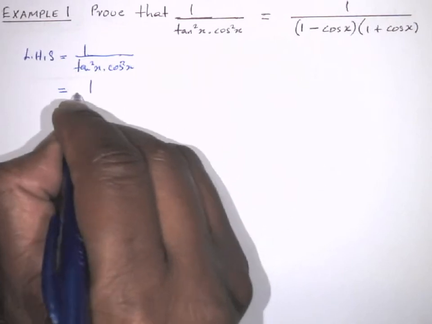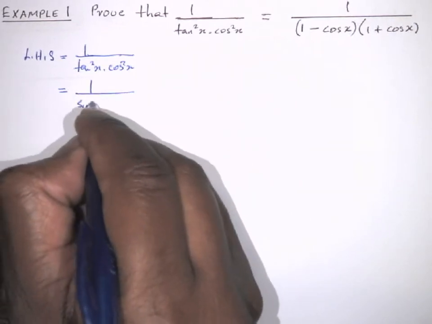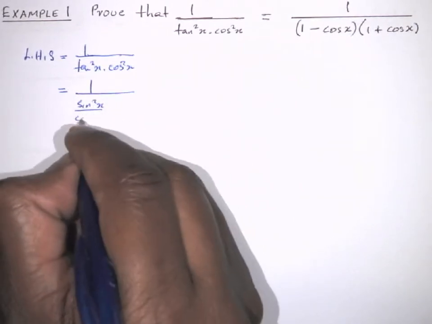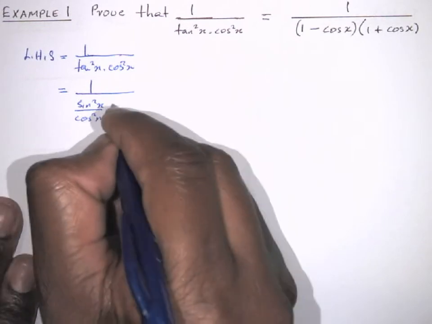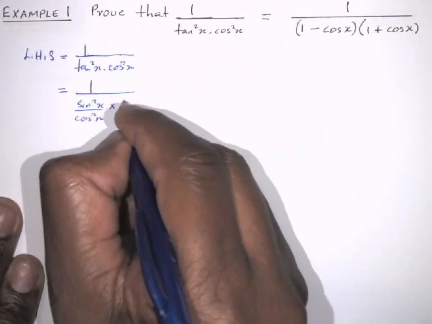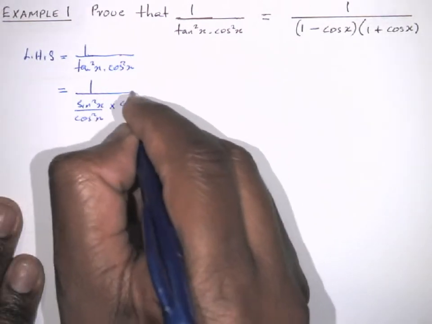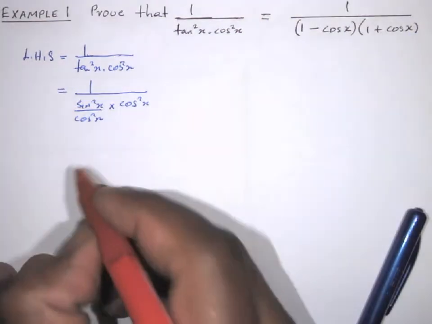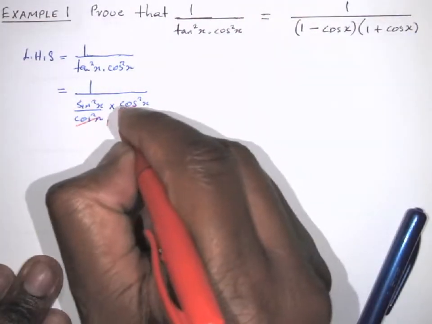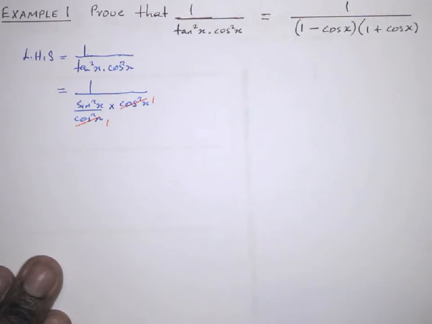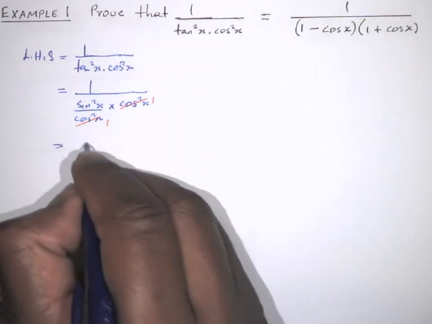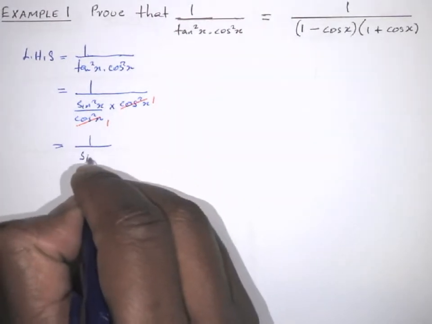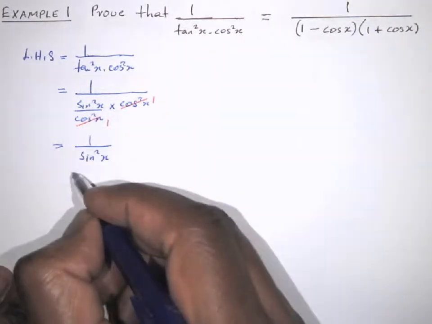So I can write this as 1 over a sin squared x divided by cos squared x. Now it is being multiplied by a cos squared x. Now we can see that the cos squared x can cancel that, and eventually I get an answer of 1 over sine squared x from the left hand side.